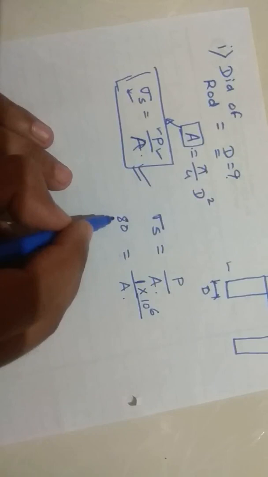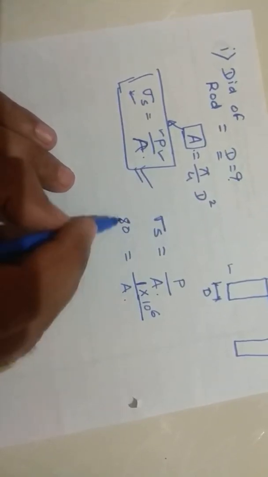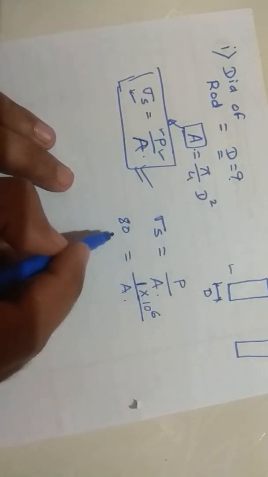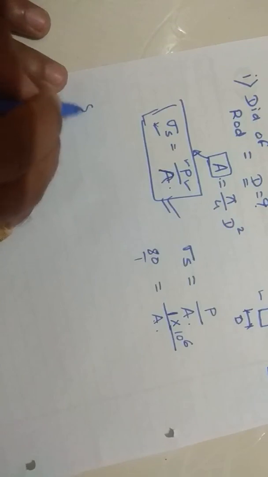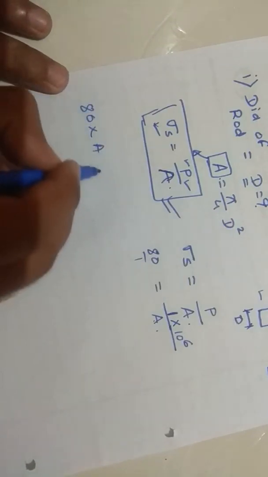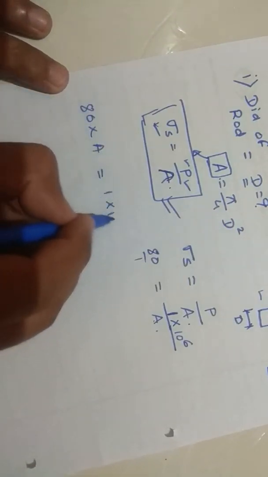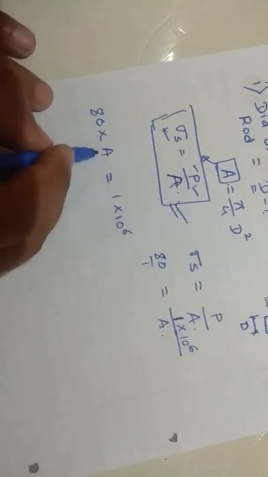Cross multiply these two terms, A into 80 is equal to 1 into 10 to the power 6, that is, 80 multiplied by A is equal to 1 into 10 to the power 6.